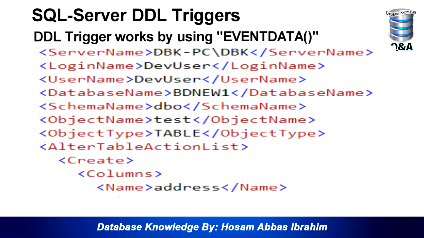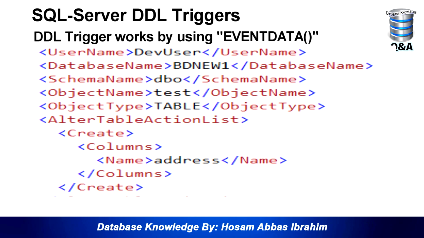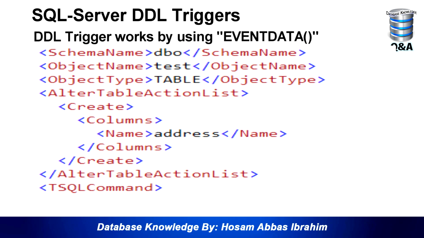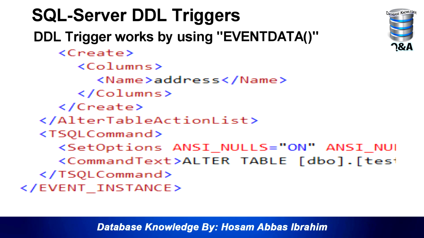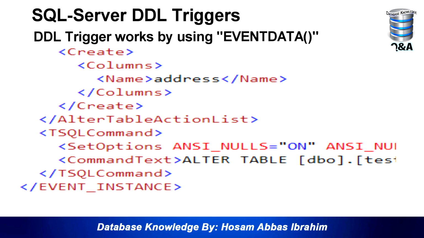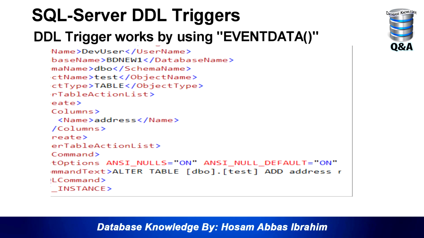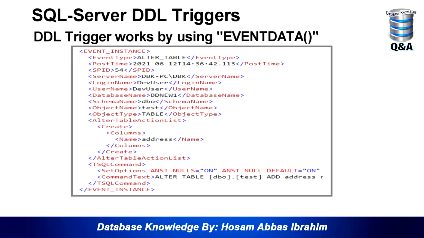This event data exists only inside the trigger, and after that there is no more. Also, it is an XML, very simple to understand and very simple to get the tags out of, and from these tags and variables we know exactly what to do.